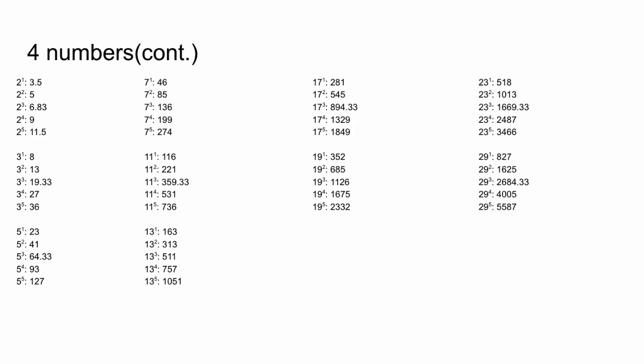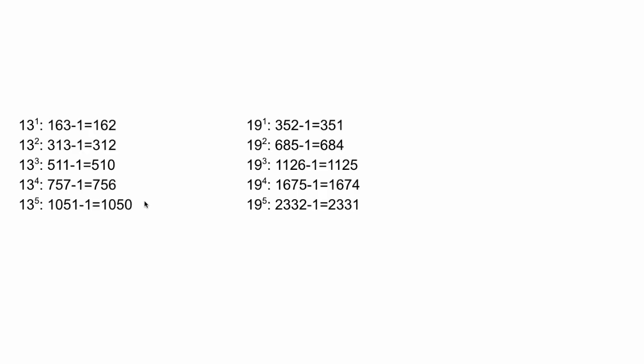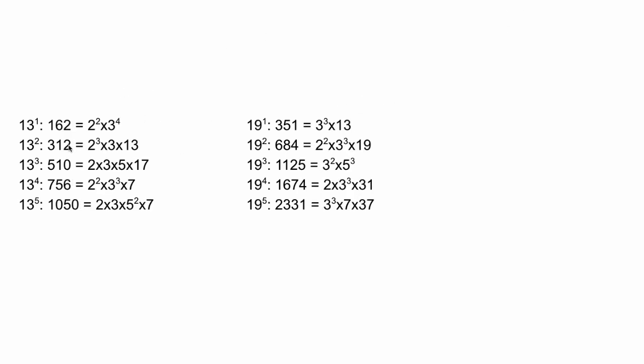And now we want to find another pattern. Let's look at the 13 and 19 groups here. Okay. Now, just to see what happens, right? I'm going to subtract 1 from all of these numbers. Okay. Now, since I want to find a pattern in these numbers, I'm gonna prime factorize all of them. And then, yeah, they'll look like this.